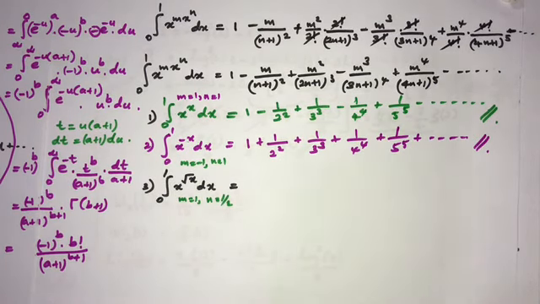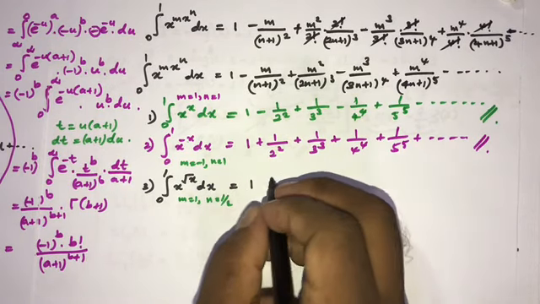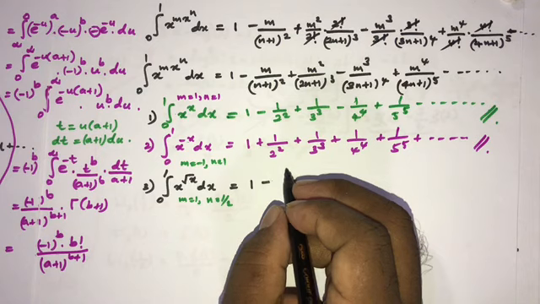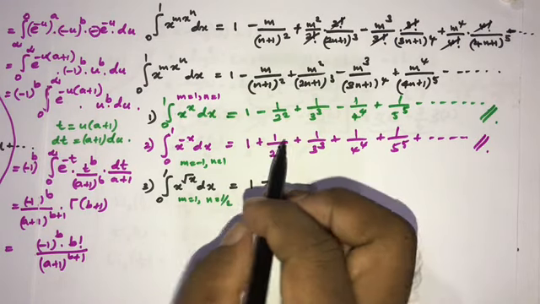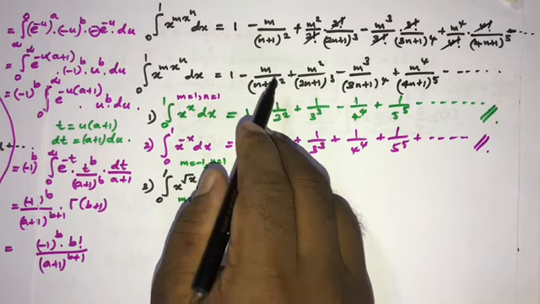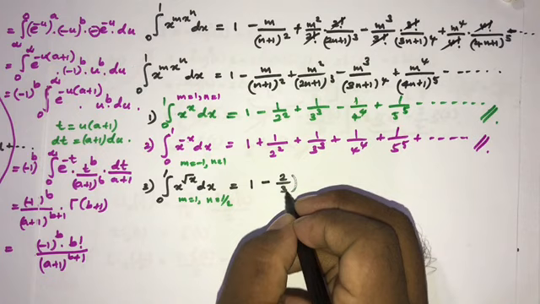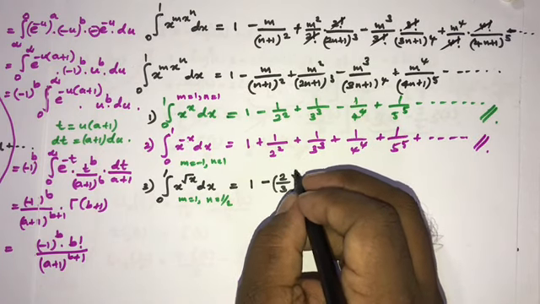Therefore we can plug in here: 1, then m is equal to 1, so minus 1 over n plus 1, which is 1 half plus 1, so 3 over 2, so 1 over 3 over 2 is 2 over 3 squared.